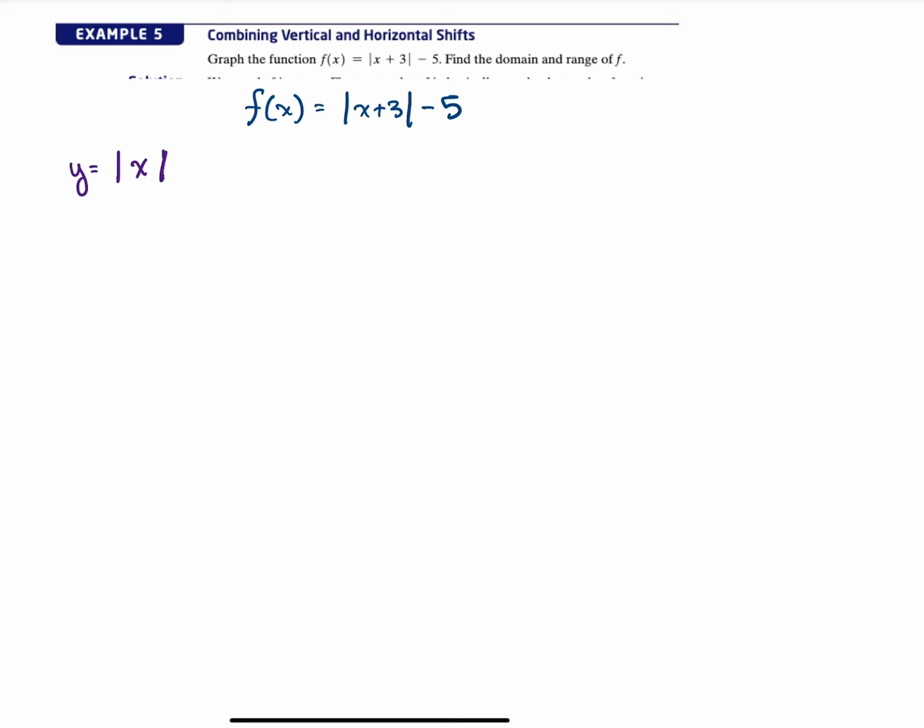Well, we added 3 inside the function, inside the absolute value. So this is a horizontal shift. It's plus 3, so it goes to the left 3 units. And then on the outside of the function, we subtracted 5. So this is a shift down 5 units. If you subtract on the outside, it goes down. If you add on the inside, it goes to the left.